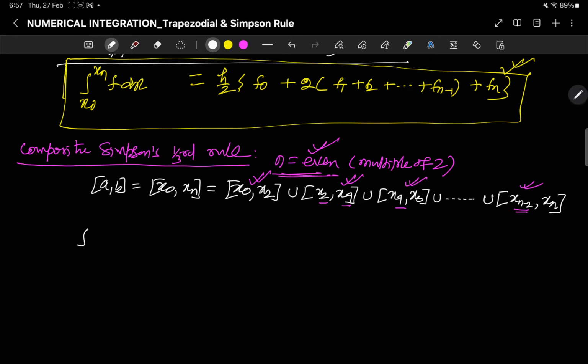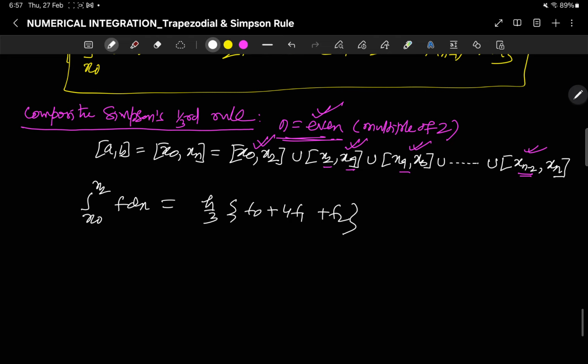So the integral x0 to x2 f dx will be h by 3 (f0 plus 4 f1 plus f2). Likewise x2 to x4 f dx will be h by 3 (f2 plus 4 f3 plus f4).